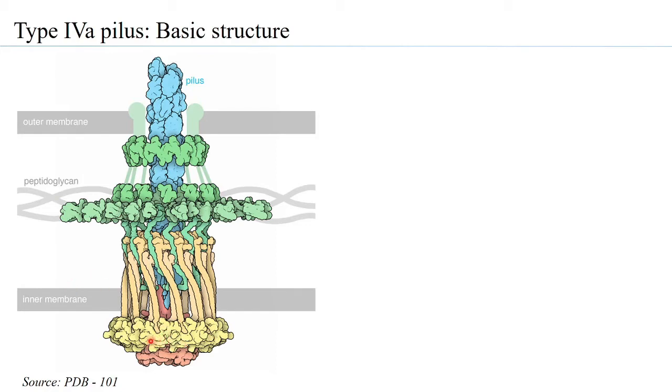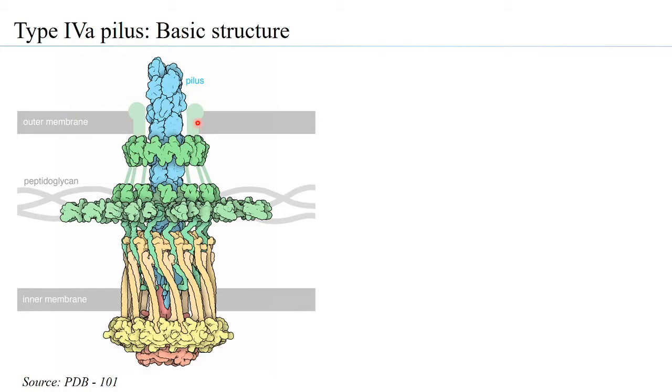Now, as clearly observed, there are typical ring structures present, and this reminds one of the structure of the flagella. These ring-like structures help the entire machine associate with the envelope. You have a ring that associates with the inner membrane, and this cage-like structure helps traverse from the inner ring to the ring that associates with the peptidoglycan, which in turn associates with the ring associated with the outer membrane, and you have a collar bound to the outer membrane.